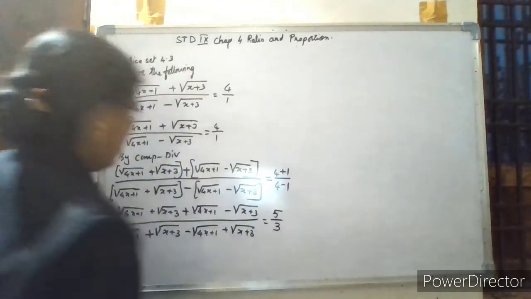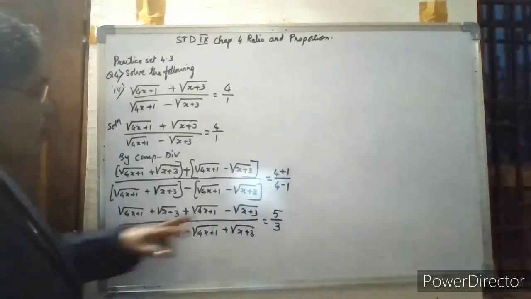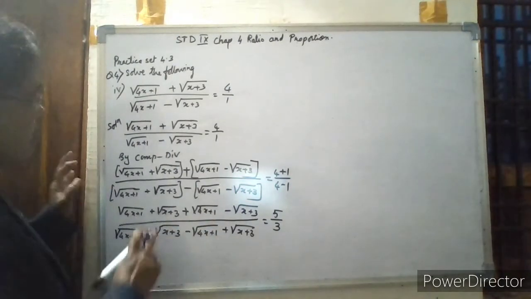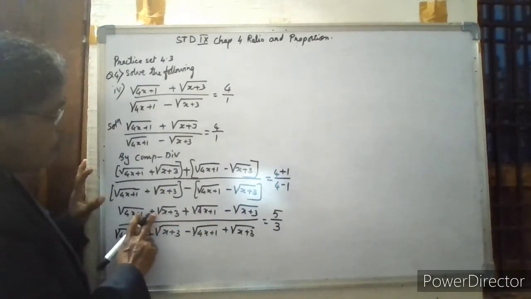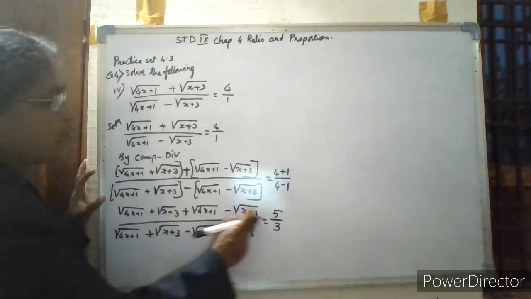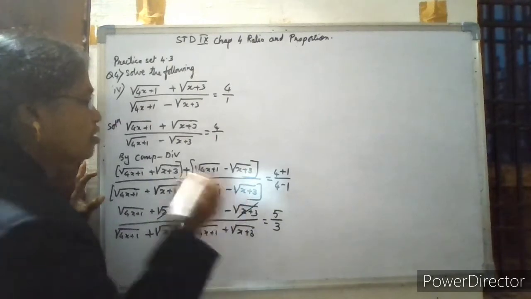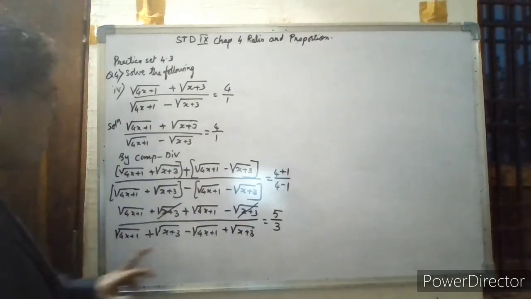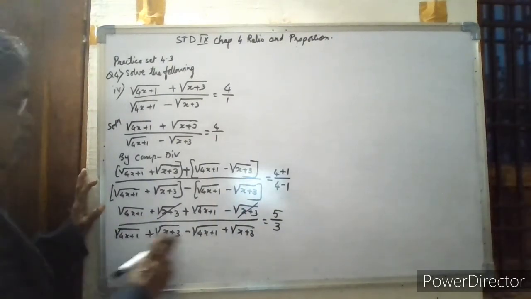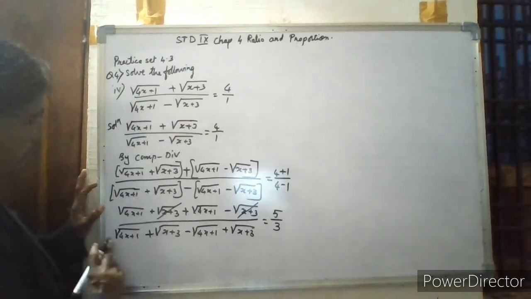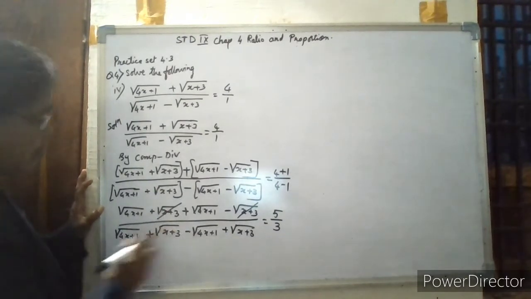Now here you can see that after opening the brackets, this root of x plus 3, outside plus sign and minus sign, therefore this will cancel. In the same manner in the denominator, root of 4x plus 1 and 4x plus 1, here outside plus sign, here minus sign. So this and this will cancel.